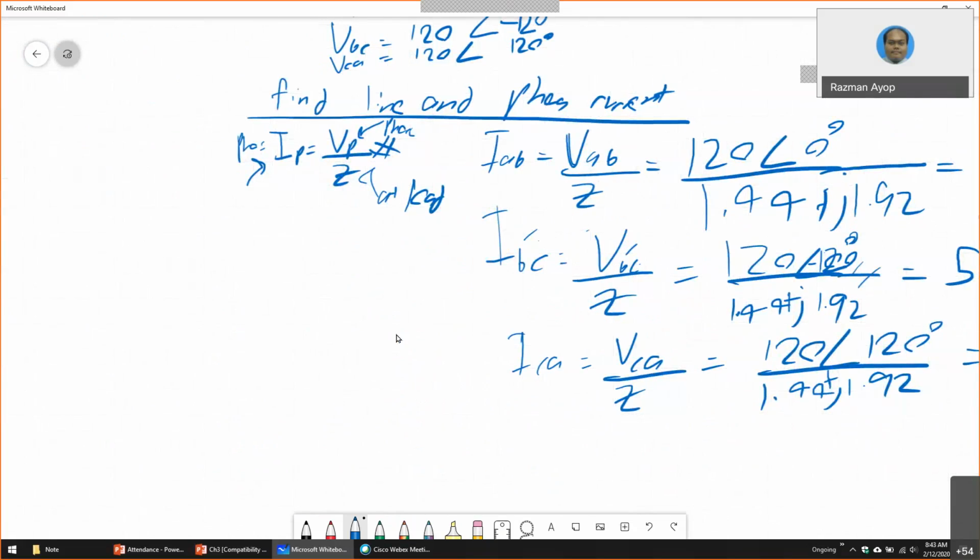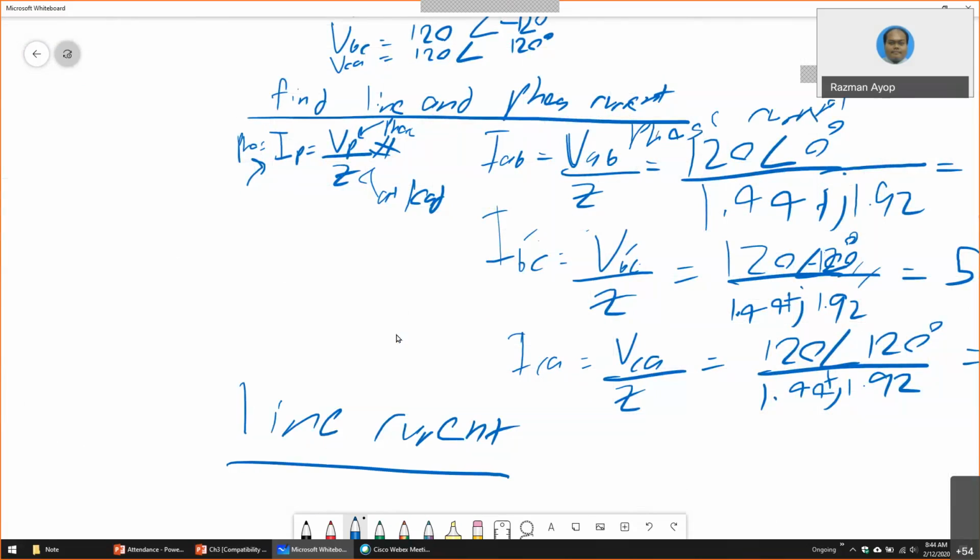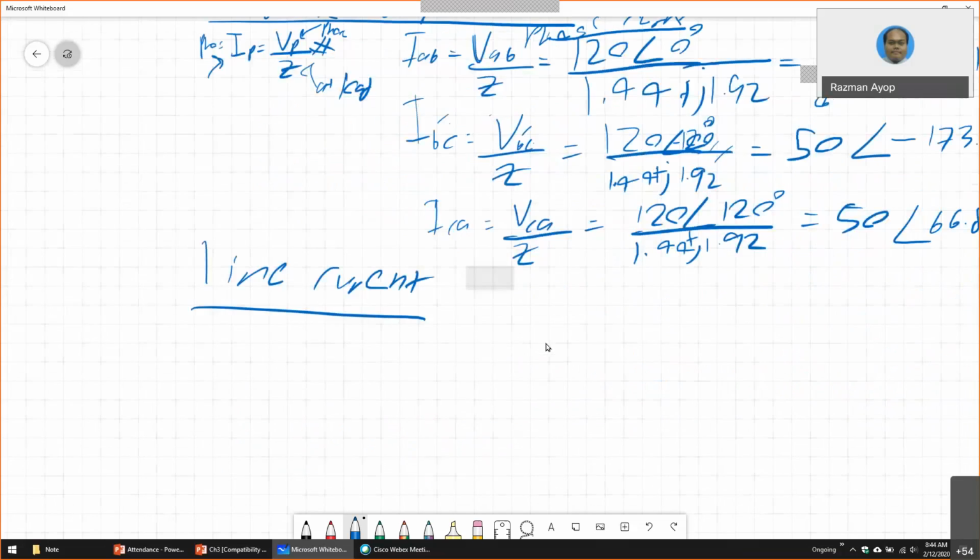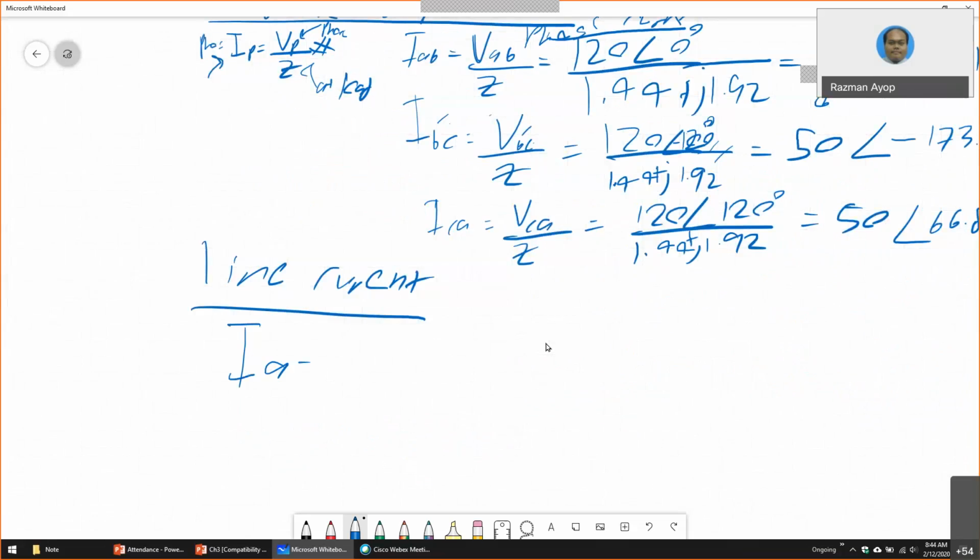How about the line current? Don't forget to write phase current, and then this one is line current. How to get line current for delta? Basically, IA equals IAB minus ICA. Remember this one, A at the beginning, A at the end.